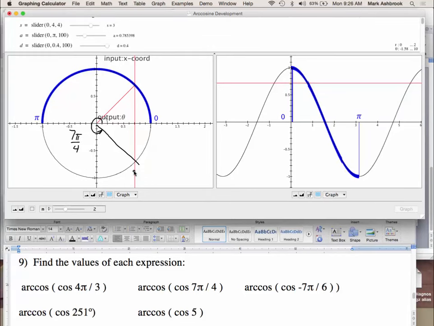Is it positive or negative? Positive square root of 2 over 2 is our cosine. So what angle in our range of our cosine has a horizontal distance of radical 2 over 2? Pi over 4.